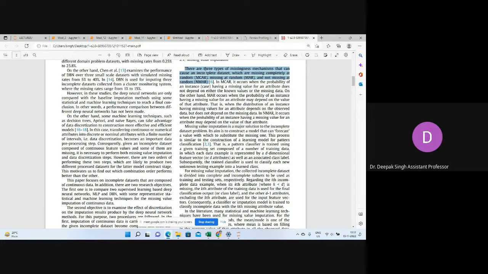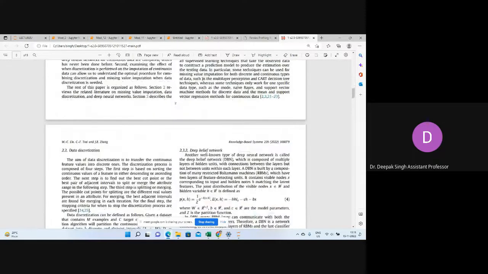Our interest is not to focus on NMAR. We are always going to focus either on MCAR or MAR, and since this is iterative imputation, they are focusing on MAR.